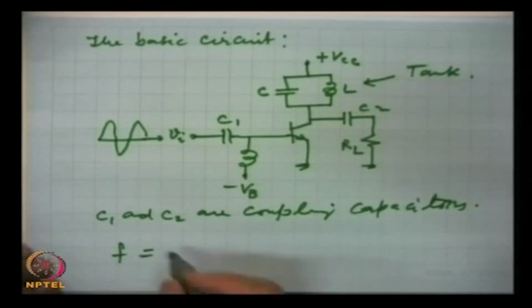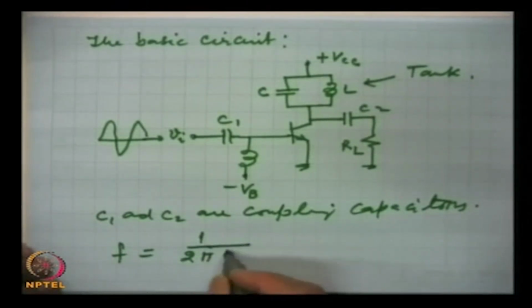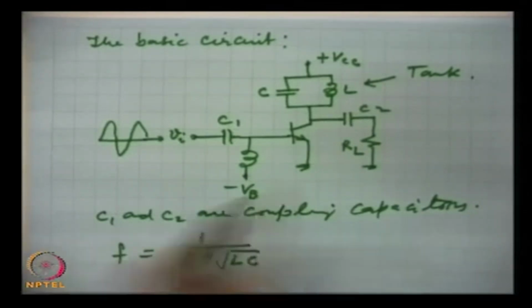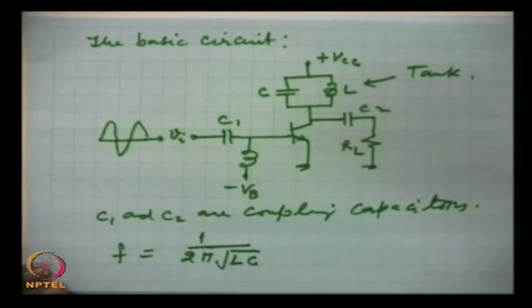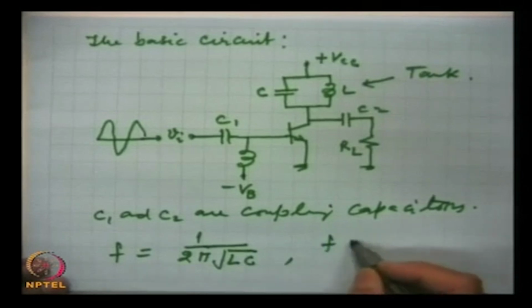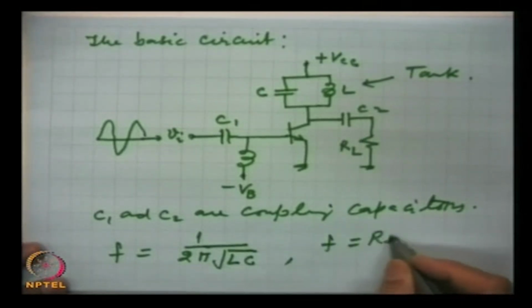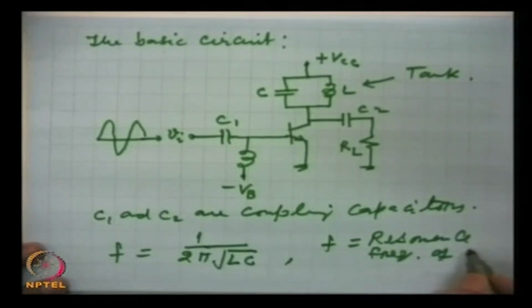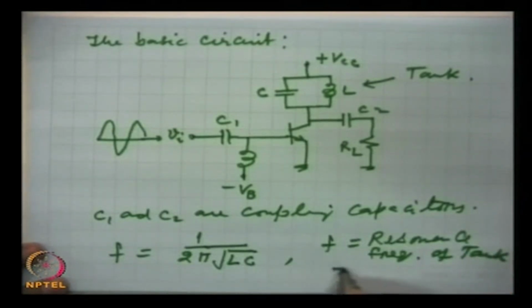This is the resonance frequency, 1 by 2 pi square root of L into C. This is the resonance frequency of this tank circuit, and it is the same as the signal frequency.